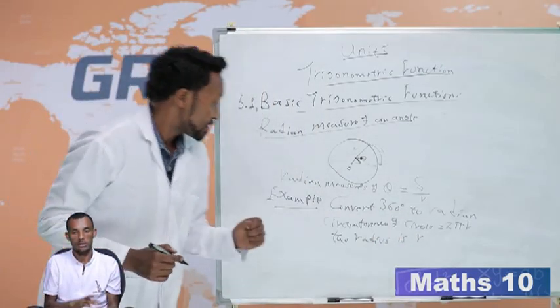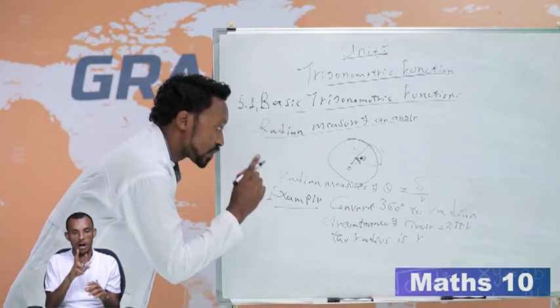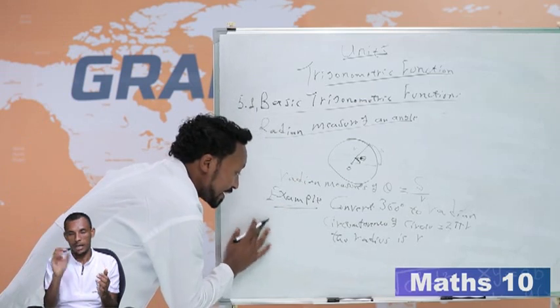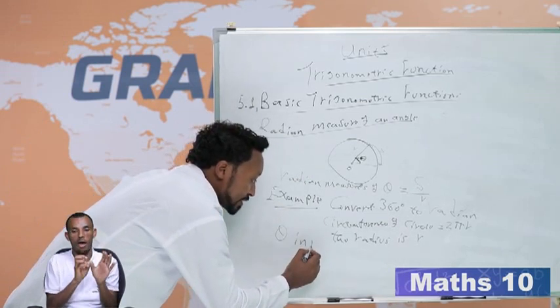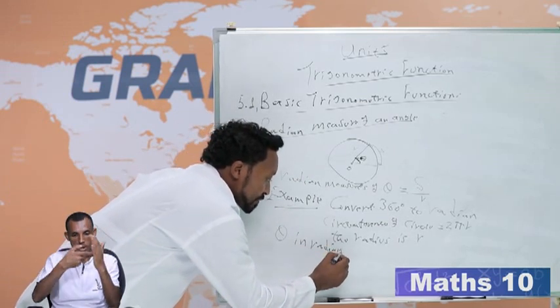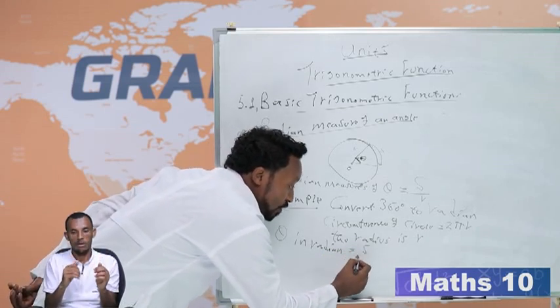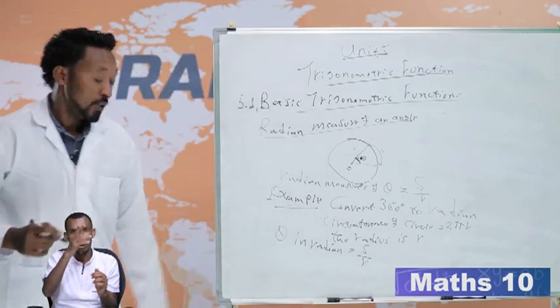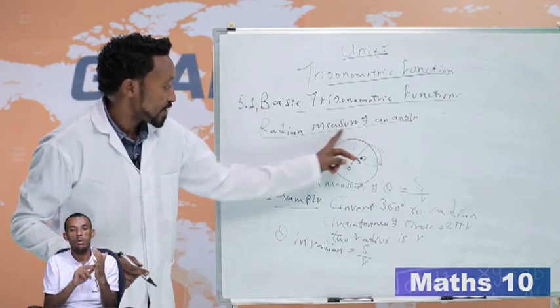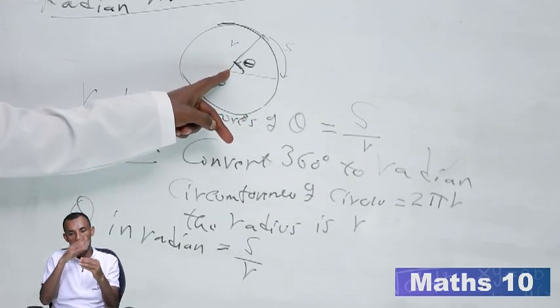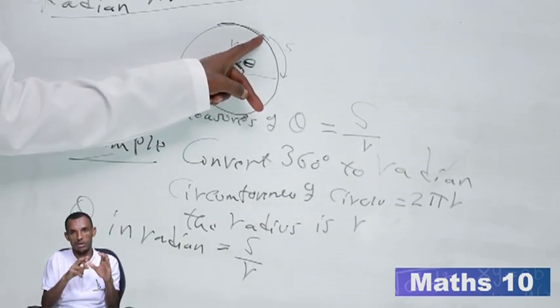Therefore, the radian measure of 360 degree, meaning theta in radian, equals S over what? R. What is S? The circumference of a circle. What is R? This radius from the center to one point of the circle.